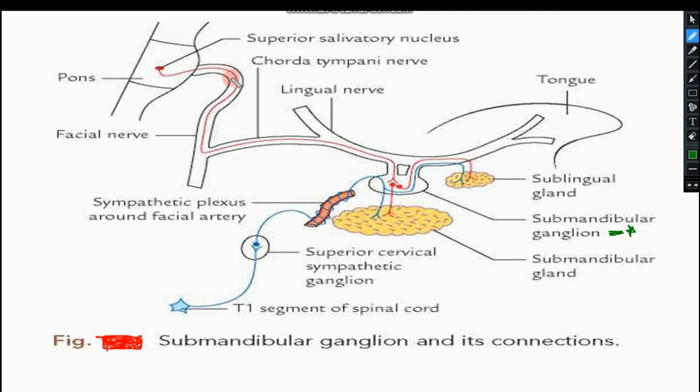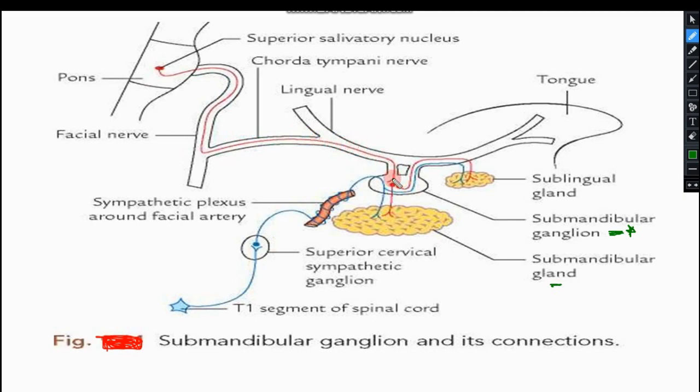These preganglionic fibers get associated with the lingual nerve, and in this submandibular ganglion they give postganglionic fibers which innervate the submandibular gland. This is the submandibular gland. Clear? So they are structurally associated with the lingual nerve, but functionally they are associated with this secretomotor parasympathetic.